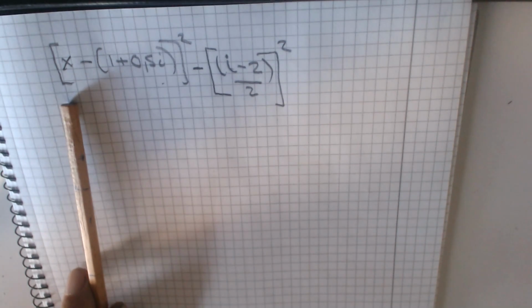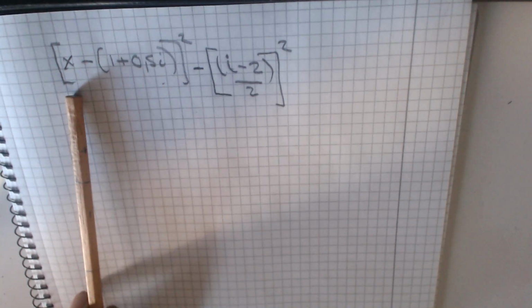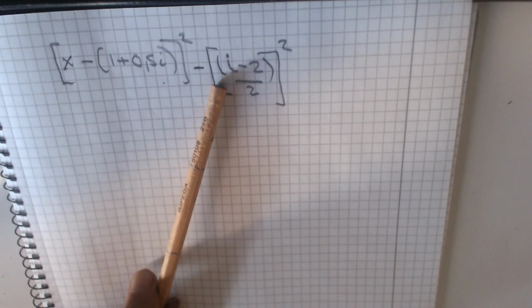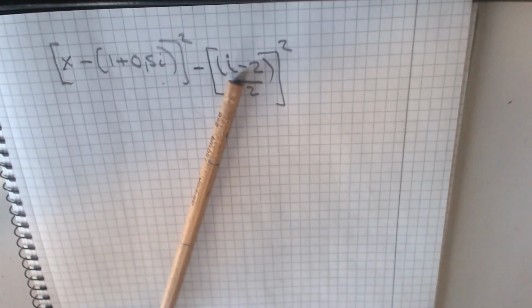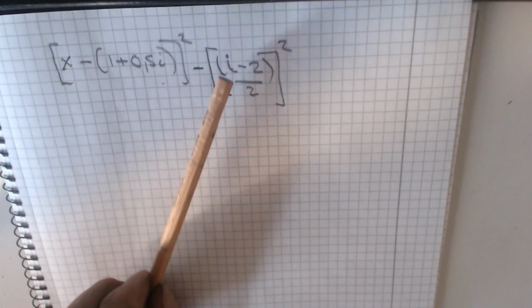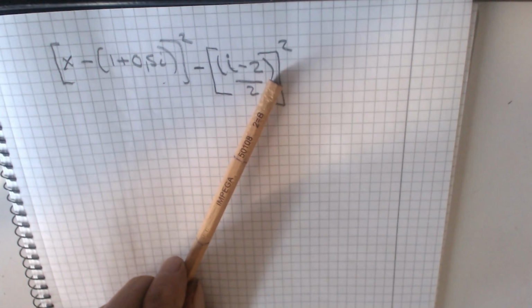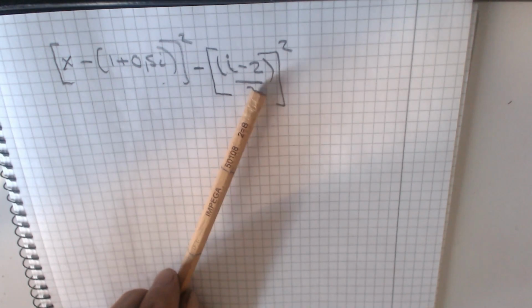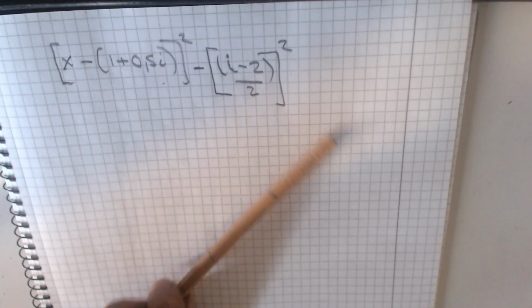We rewrite the equation once again. And here you see that it is (i minus 2) divided by 2, in square, equals 0.